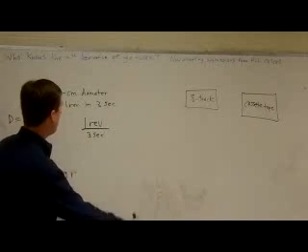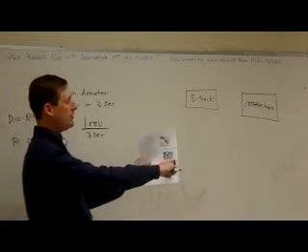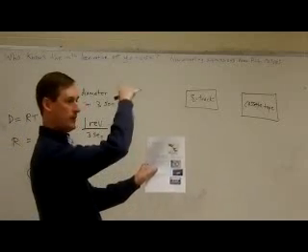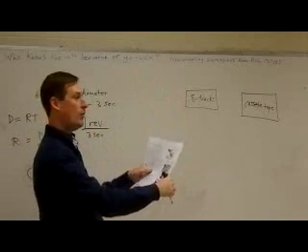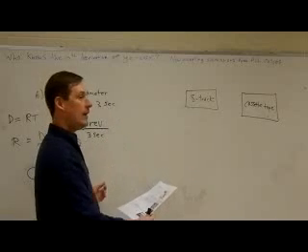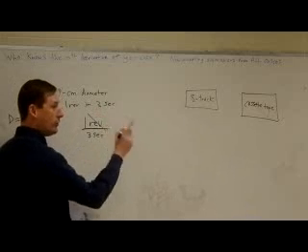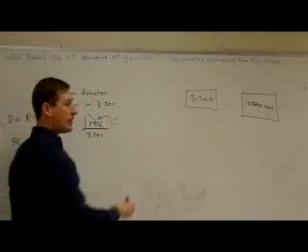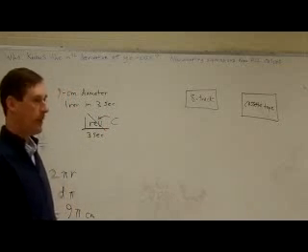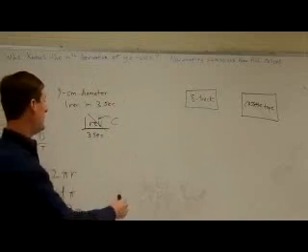Now, here's the key. A revolution. Isn't a revolution the distance that you would travel all the way around? So a revolution is a what for a circle? It's a circumference. It's the same thing. So you can replace the word revolution with the circumference. So it's going to do 1 circumference every 3 seconds.